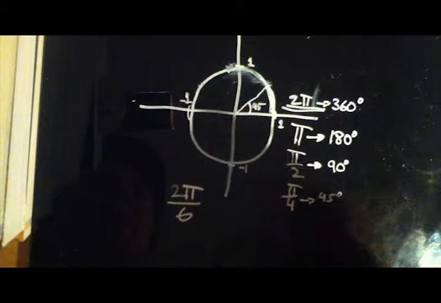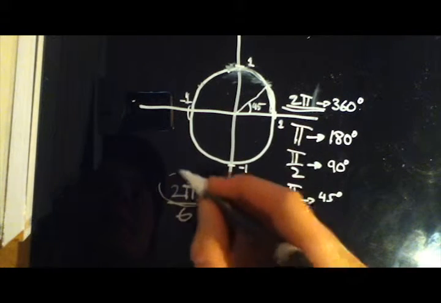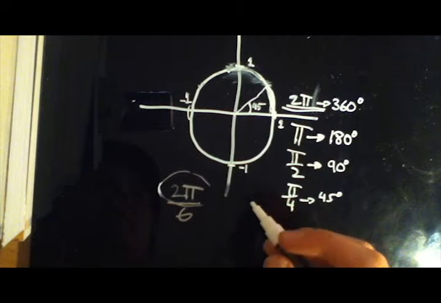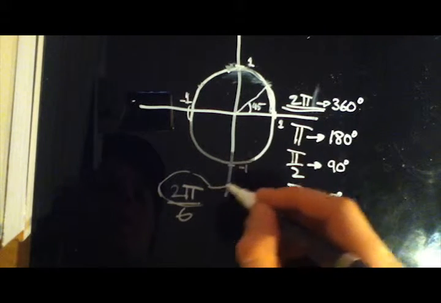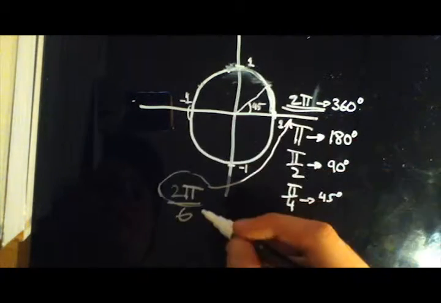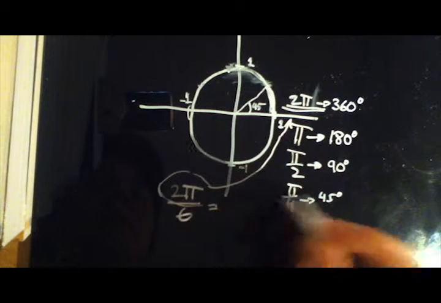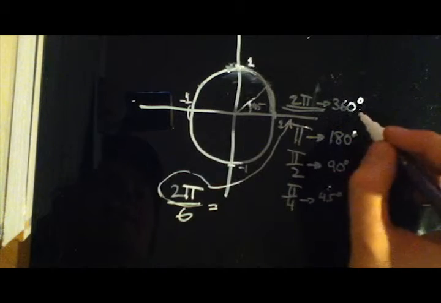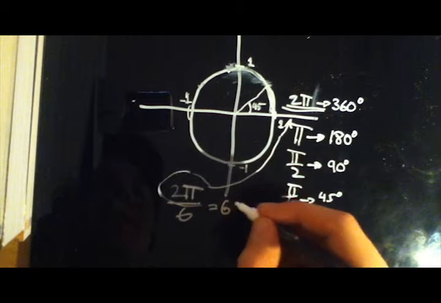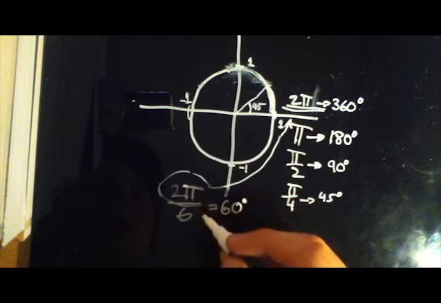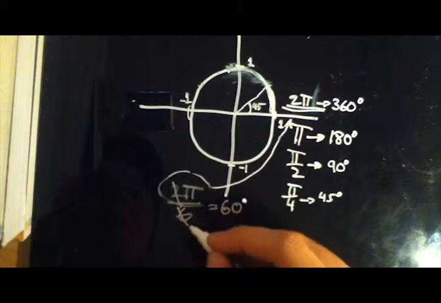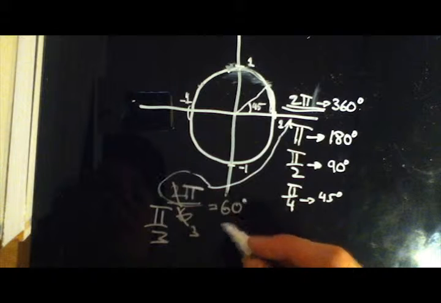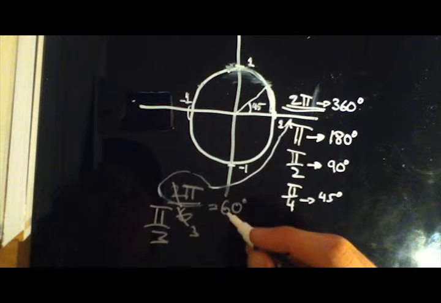You divide it by 6. This is 360 degrees, right? We divide by 6. What do we get? 360 divided by 6 is 60 degrees. So this is 60 degrees. And you can simplify, so you can take away the 2, and it's going to be 3. So pi over 3 is 60 degrees. Pi over 3, 60 degrees.